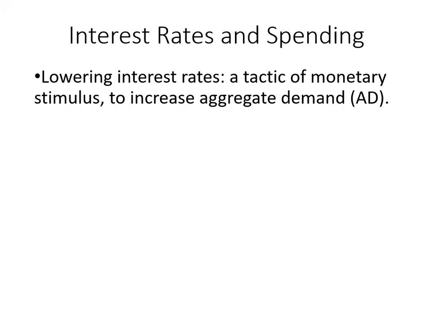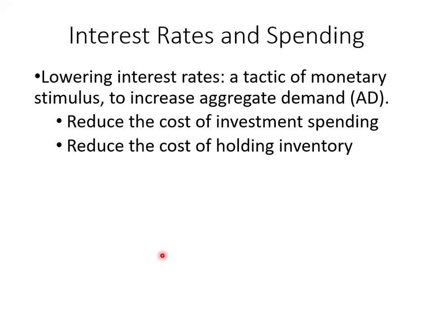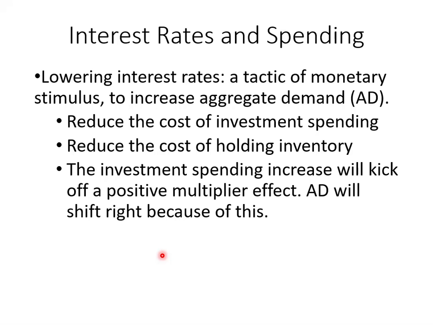So a lower interest rate will reduce the cost of investment spending and also reduce the cost of holding inventory. The increase in investment spending will kick off a positive multiplier effect, and aggregate demand will shift to the right. So in the ideal case, lower interest rates help increase the aggregate demand curve.